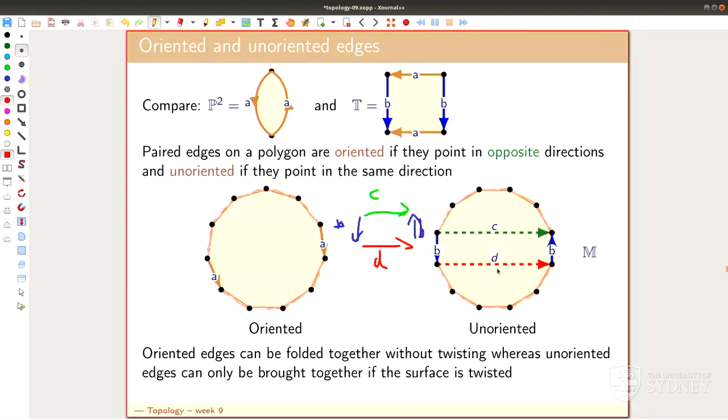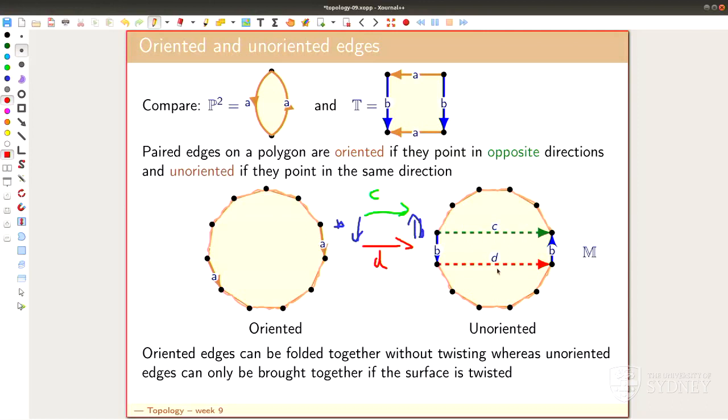This implies, I will say that later again, but I can already say it here, that checking unorientability is really simple. It's unorientable if and only if you find an unoriented pair. So just look for the paired edges and see whether they point in the same direction or not. That's a 0 or 1 question. So it's either true or false. You just need to find one pair, because with one pair, you have found one Möbius strip.